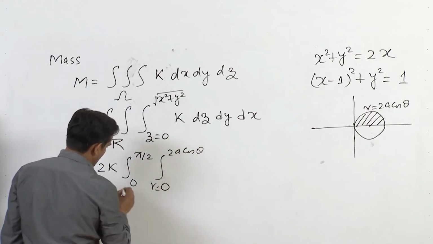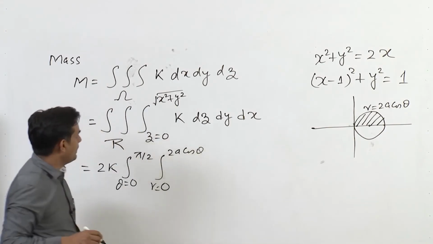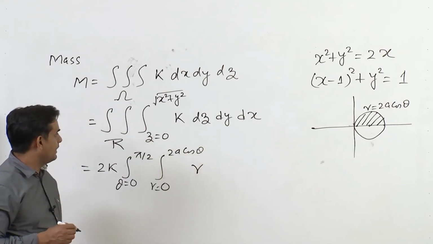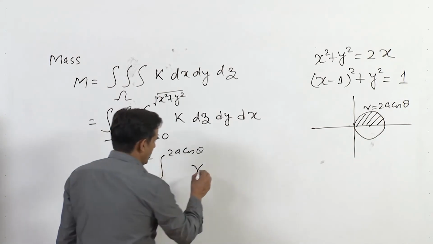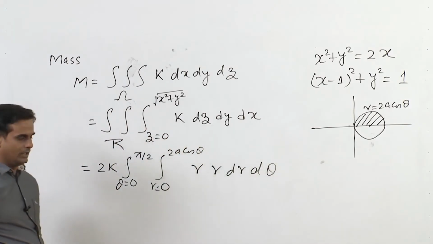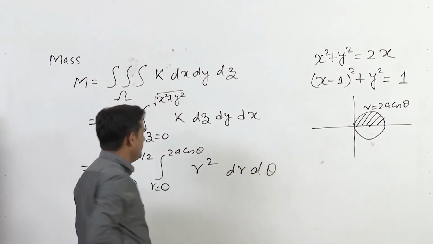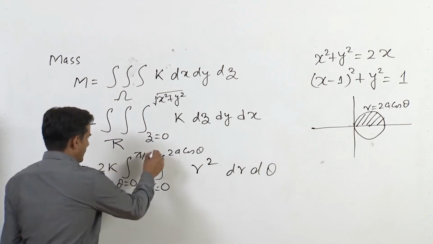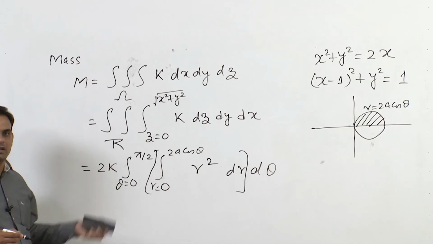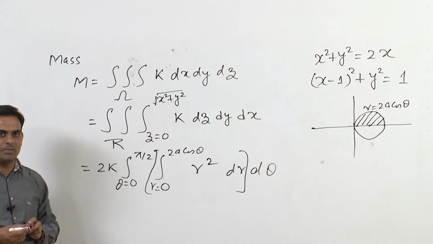These are the limits for r, these are the limits for theta, and then square root of x square plus y square will become r, and dy dx or dx dy will be r dr d theta. So, basically it will become r square dr d theta. So, first solve this one and then you can solve for theta. This is the way of handling this particular example.